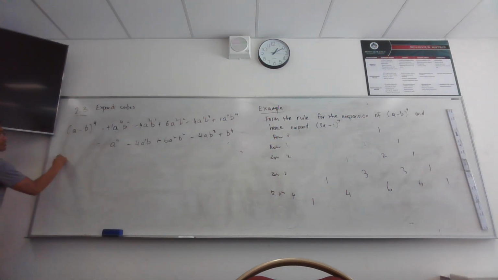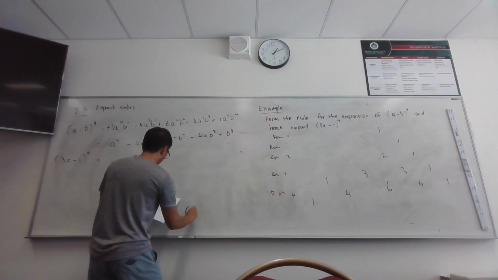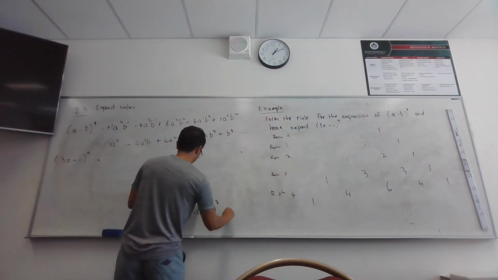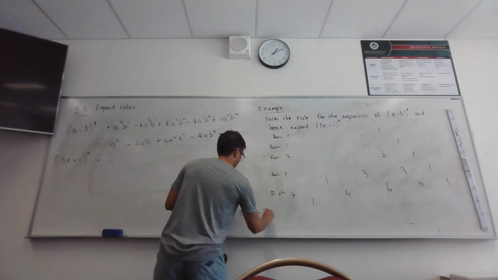Lastly, we still want to do this. Just to convince you guys what's going on, have a look carefully. Remember, right at the beginning, I did this. Right, it makes sense.